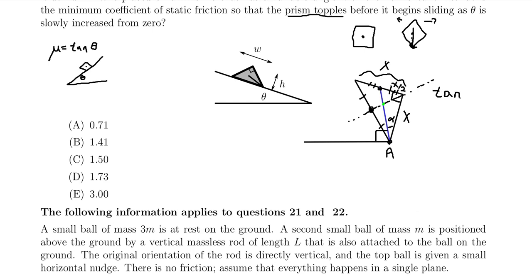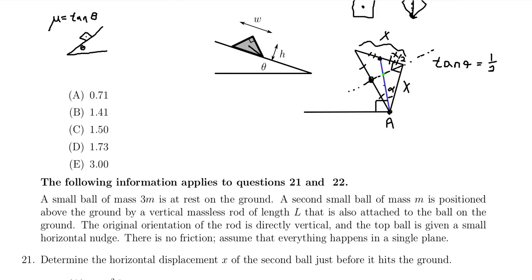Well, we know that this whole angle, one of the angles of an isosceles right triangle, is just pi over 4, and the tangent of pi over 4 is equal to 1. So what is the tangent of this angle? Essentially, we're finding the tangent of pi over 4 minus alpha.